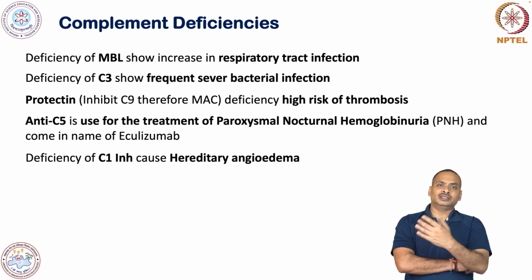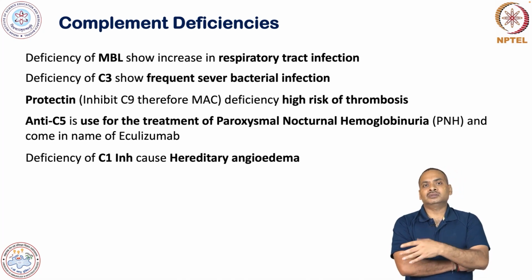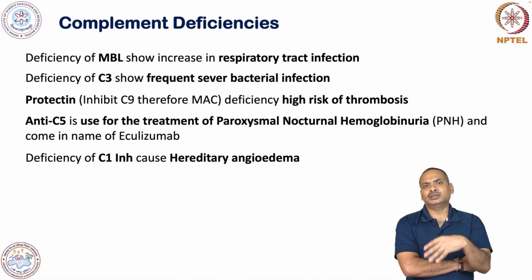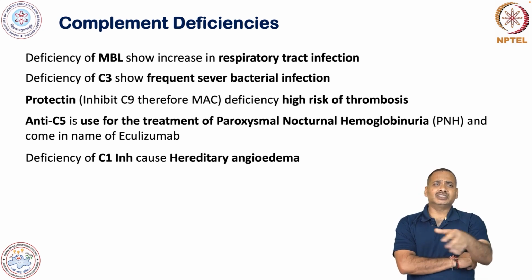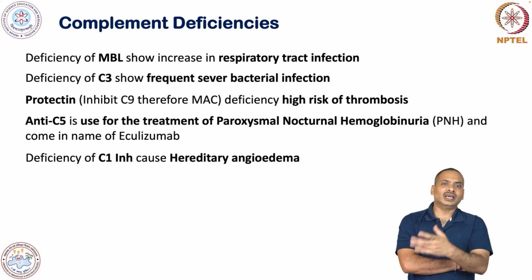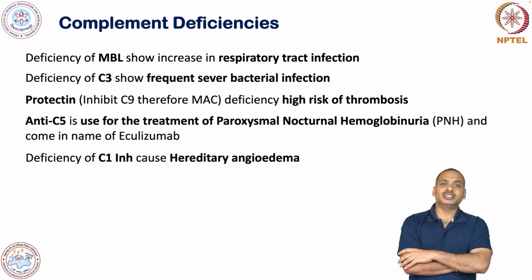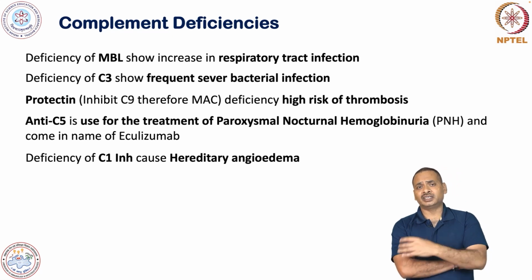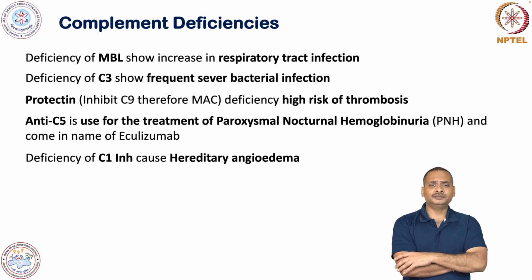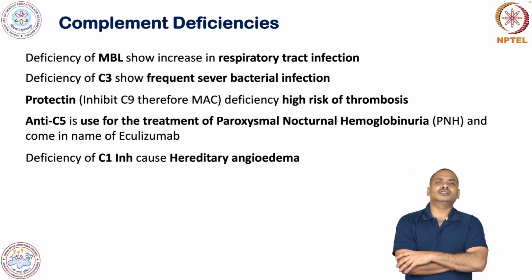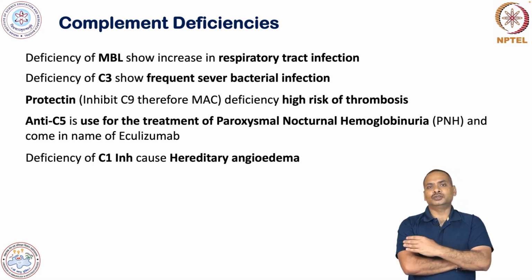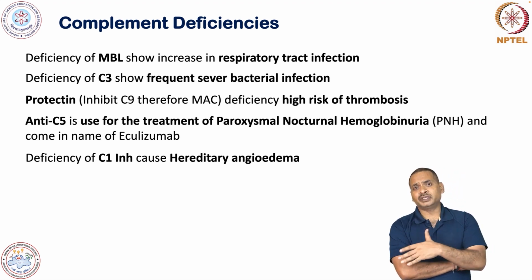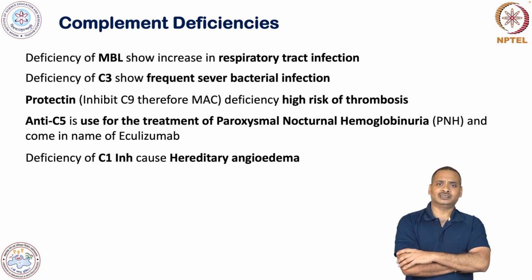This is spontaneous, and it is not known how the swelling is triggered, and sometimes this swelling can result in fatality if it takes place in vital places such as the respiratory tract or the gut. So with this I am completing complement, and now we will discuss another topic in a subsequent session. Thank you.